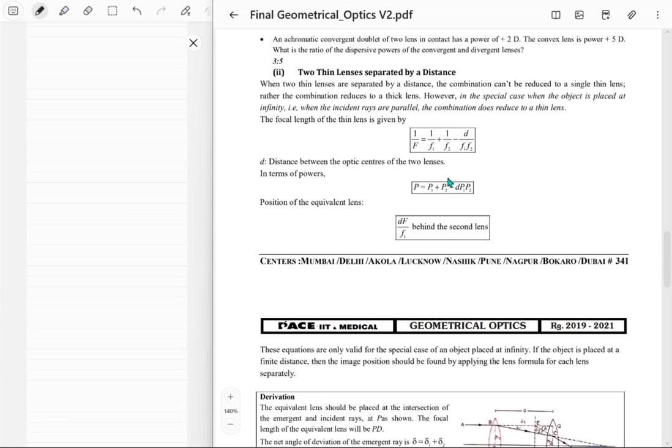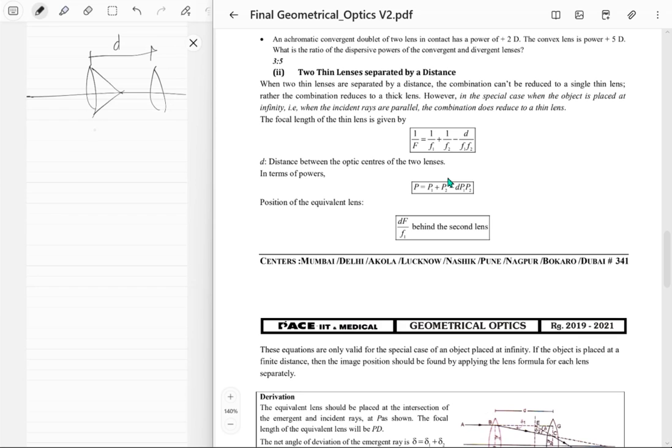First of all, the image will be formed at the focus, no matter what. So you have something at a very far away value, it forms at the focus, and now you have another thin lens. Now this distance is d.